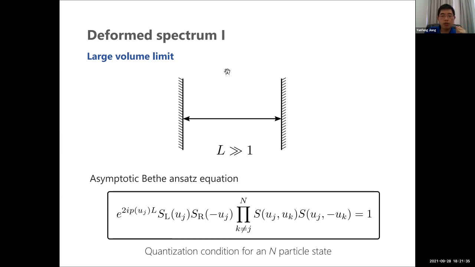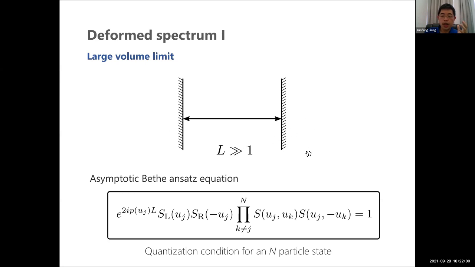If you are in the large volume limit, basically, the spectrum is well described by the so-called asymptotic Bethe Ansatz. The logic is as follows. In the scattering picture, you should imagine the Hilbert space of the theory contains one particle states, two particle states, three particle states, and n particle states.